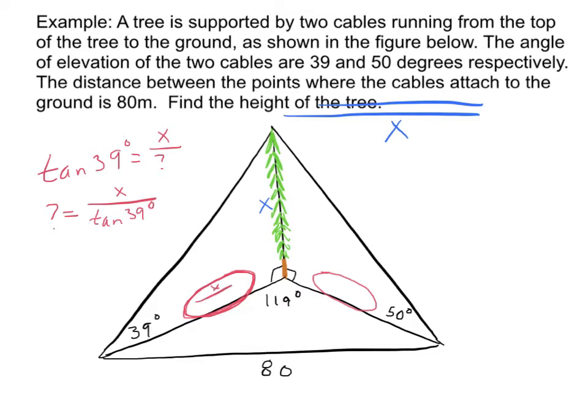So this is x over tangent 39. And we should have a really similar thing happening on the other side. The tangent of 50 degrees is equal to the height of the tree, x, over, opposite over adjacent, this side here. So same deal, this is going to end up being x over the tangent of 50 degrees.